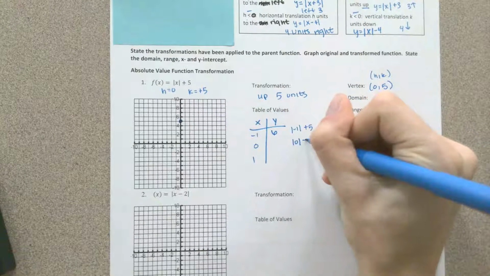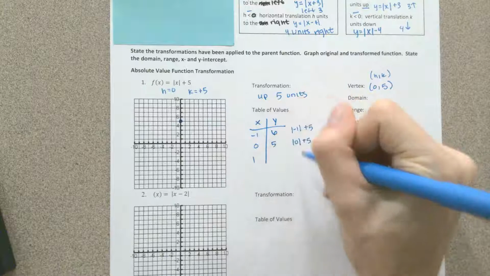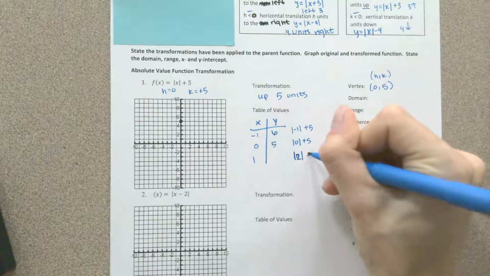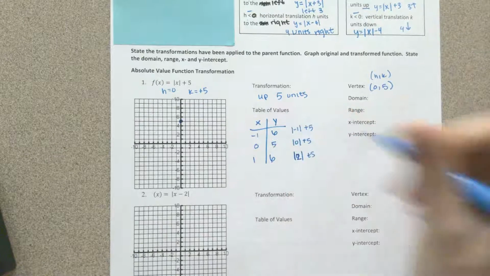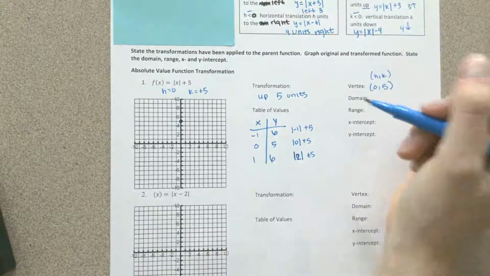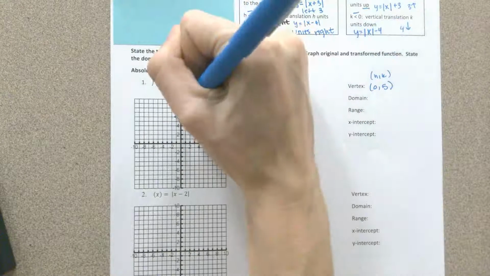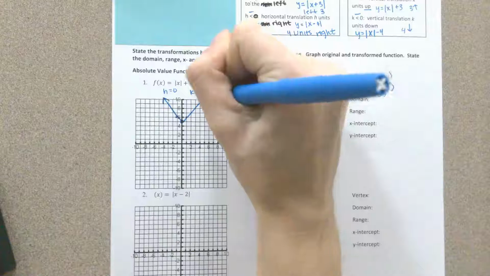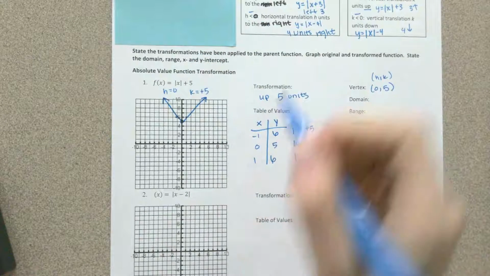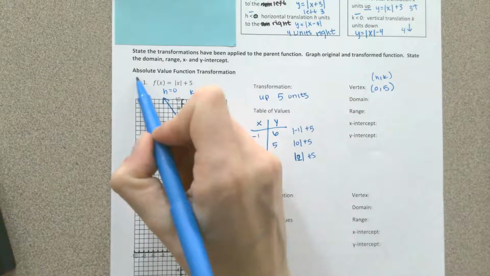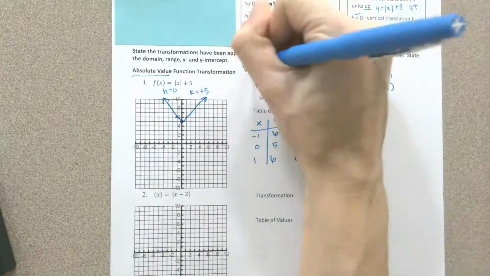When we have the absolute value of 0 plus 5, we get 5, and the absolute value of 1 plus 5 gets me 6. So we already plotted our vertex, and then we plot 1 comma 6 and negative 1 comma 6. And we make sure that we remember the shape of our absolute value function is always a V, so the lines are straight.